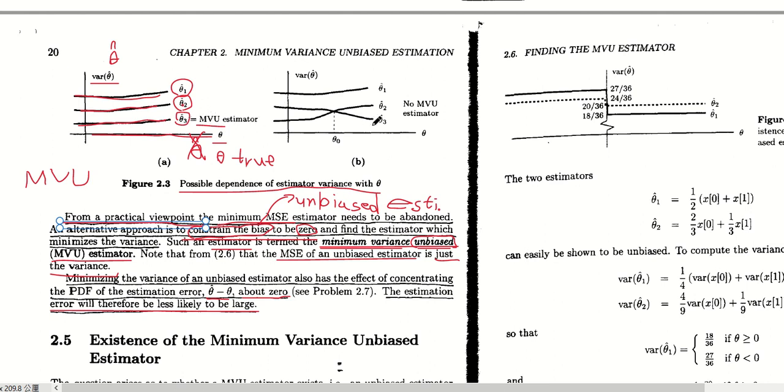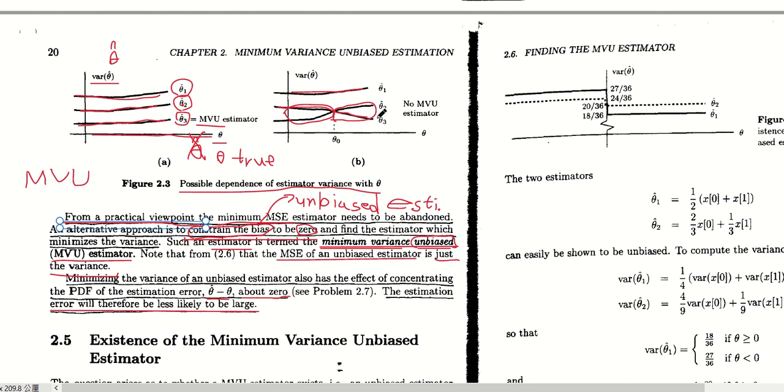But in some cases, you have theta 1 uniformly higher than theta 2. And then theta 3 is higher in this region, but theta 3 is lower in this region. As a result, theta 3 is better in this region, and theta 2 is worse than theta 3 in this region.